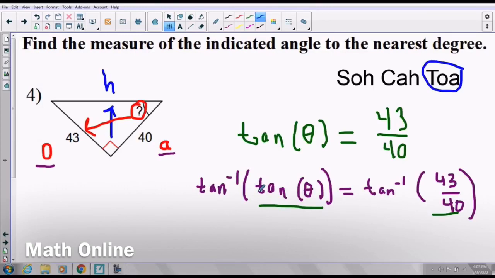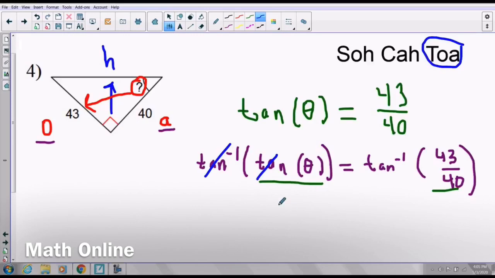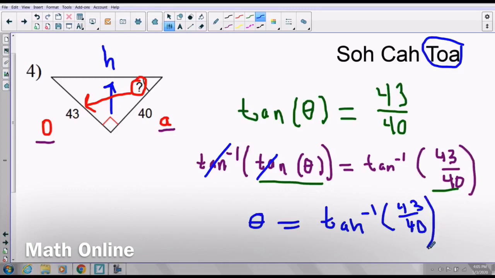Because they are inverses of each other, okay? So they will cancel out, and we will be left with theta. So here we go. So theta is equal to inverse tangent of what ratio? 43 over 40. So as you can see, these problems will be done exactly like the ones we did earlier.